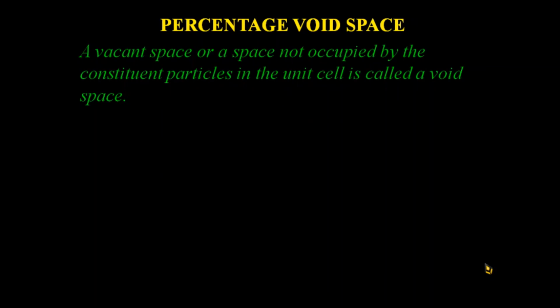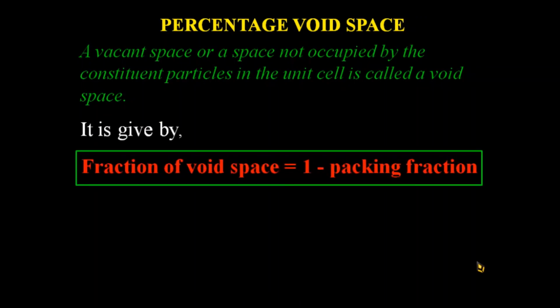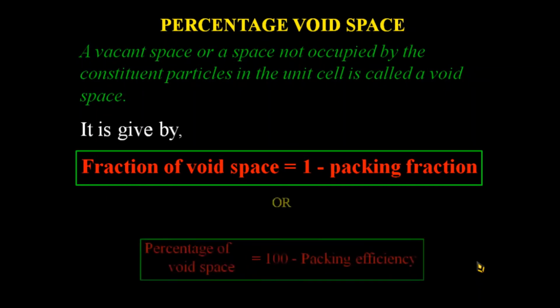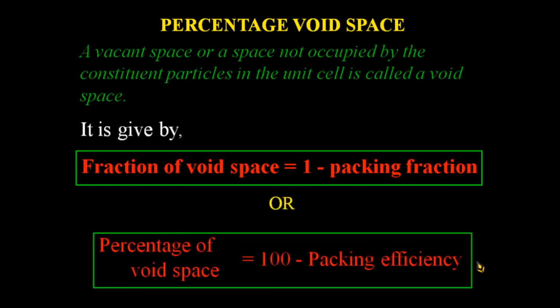That means the space which is not occupied by the atoms present in the solid is called the void space. The fraction of void space is equal to 1 minus packing fraction. Or if you want to calculate the percentage of void space, it is equal to 100 minus packing efficiency.